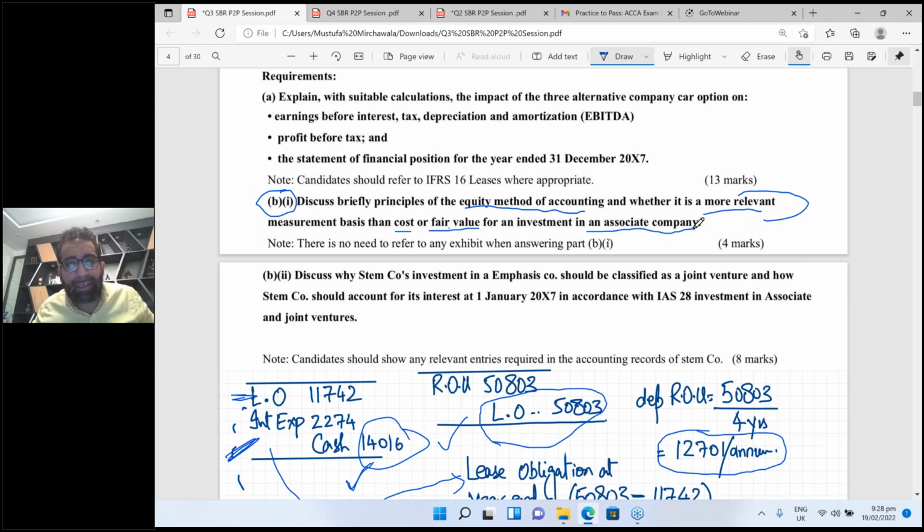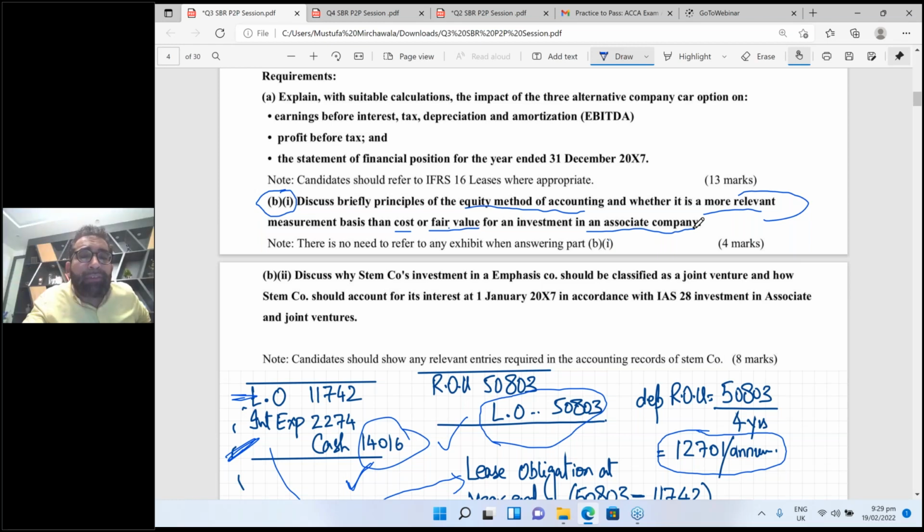Now compare it with fair value. Fair value has its advantages and disadvantages as well. If you record it at fair value, meaning stock market value, there is no guarantee that the profits are already recorded in the fair value. But in equity accounting, you properly record your profit share.